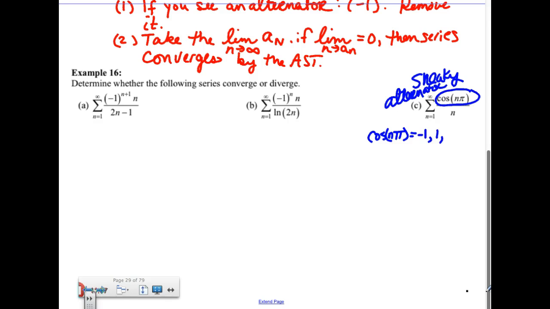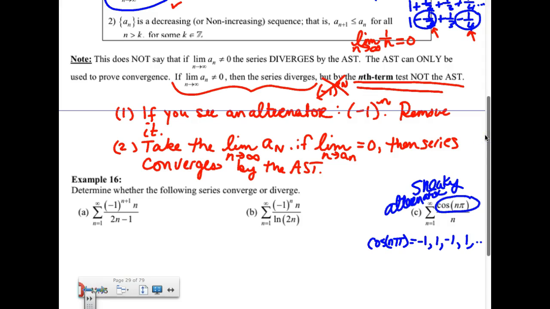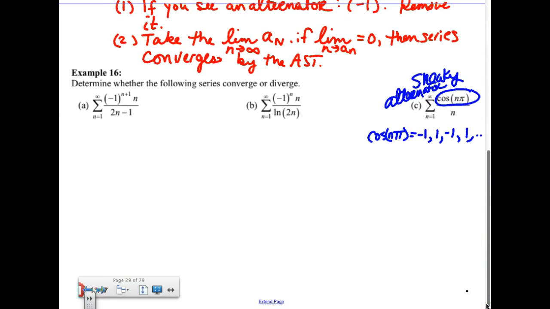When n is 2, it'd be cosine 2 pi. When n is 3, it'd be cosine 3 pi. When n is 4, it'd be cosine 4 pi, and so on. So I do get an alternating series with cosine n pi. It acts exactly as -1 to the n over n.